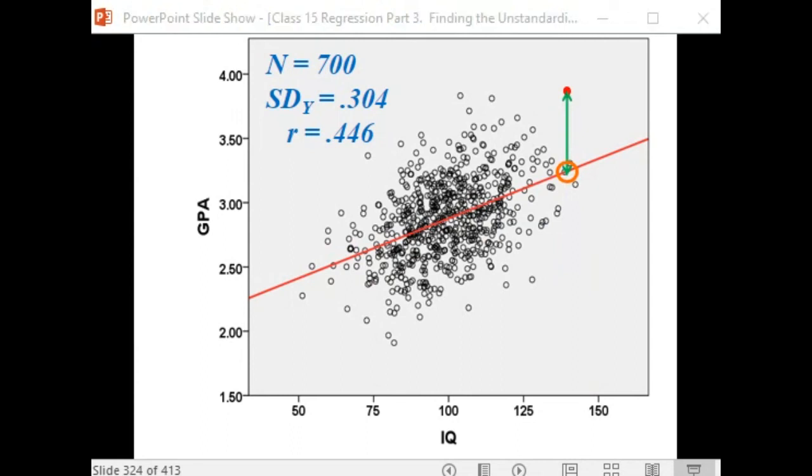In other words, the length of this line represents the error of the prediction. The student's predicted GPA is about 3.20, and the actual GPA is about 3.80. So 3.80 minus 3.20 is 0.60. So the error of the prediction for this student is about 0.60.